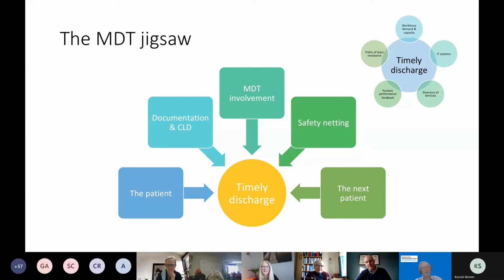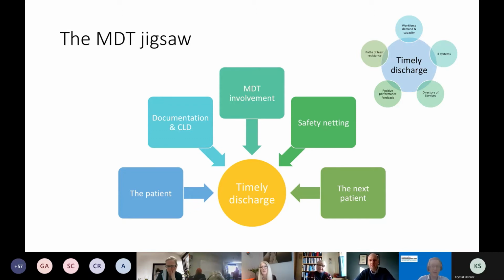So what we thought when we were putting the webinar together was to try and highlight and facilitate a discussion around the various pieces of the jigsaw from an MDT perspective around what needs to be done, what tasks and processes need to be done, and how to optimize those in order to get patients discharged in a more timely way.